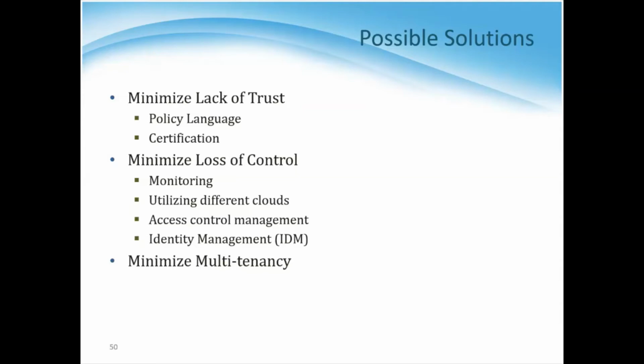So, lack of trust, loss of control, and the last concept, which everybody knows, multi-tenancy. I would like to give my house for rent. Multiple tenants, maybe 10 different tenants, may be occupying my space. There may be a threat to the security.